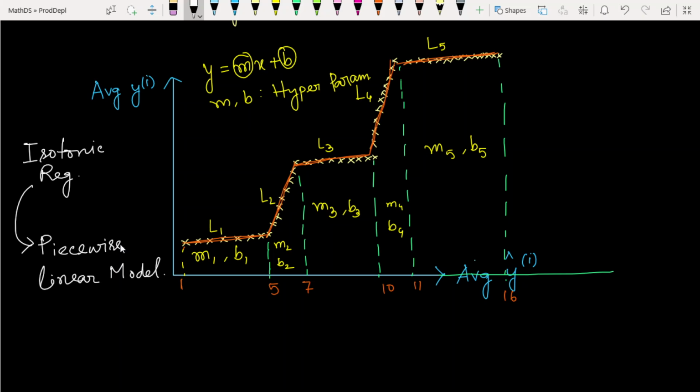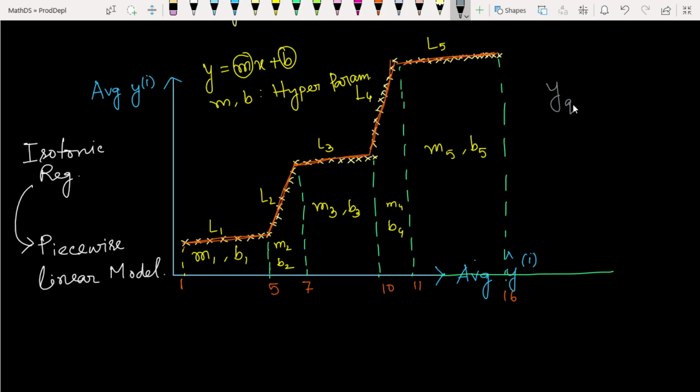Okay. So here we have been given this data. Based on this data, we have to predict this value. At the end of the day, we have data that looks like this.